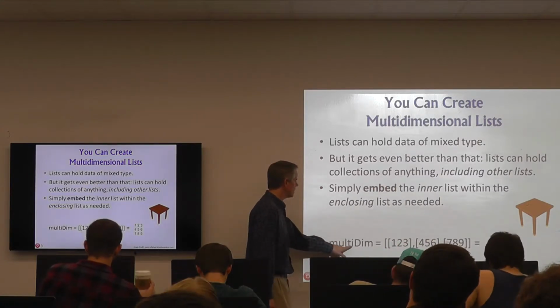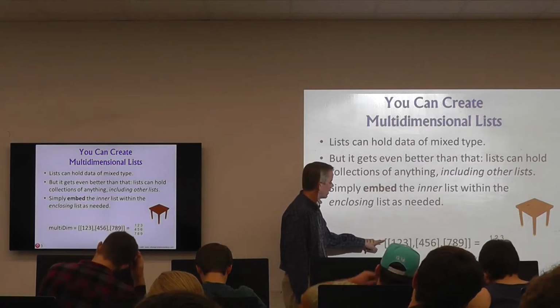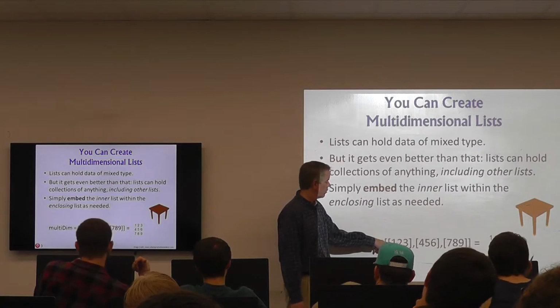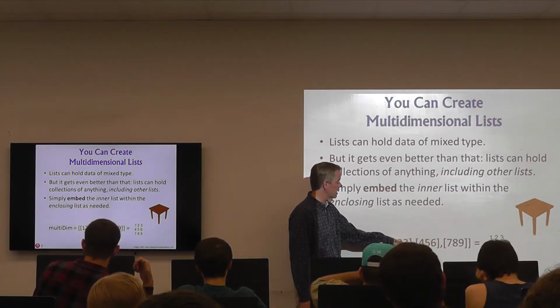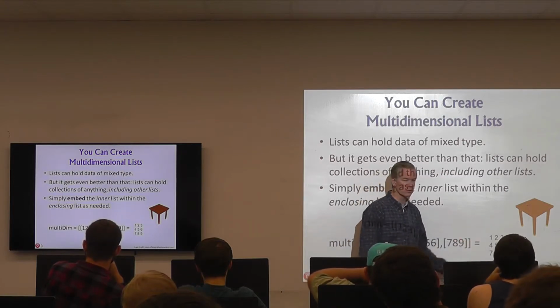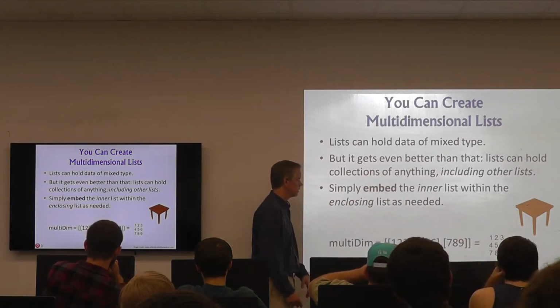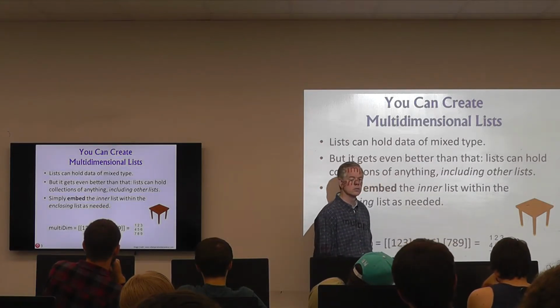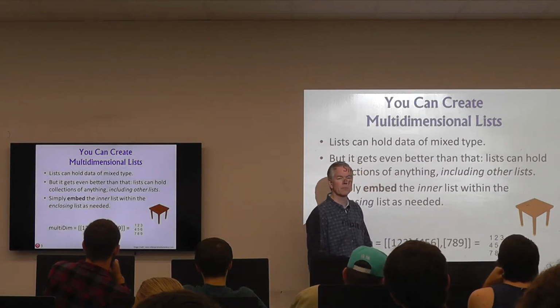Okay, so multi-dimensional list: square bracket, here comes square bracket 1, 2, 3, square bracket, comma, square bracket 4, 5, 6, comma, 7, 8, 9. So basically in this one, I've got 3 rows of 3 things per row, right?